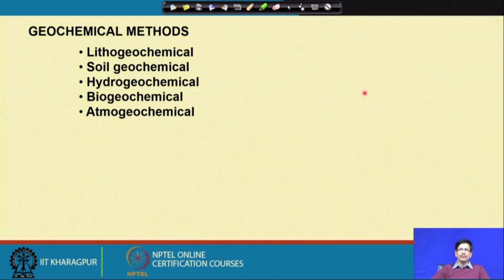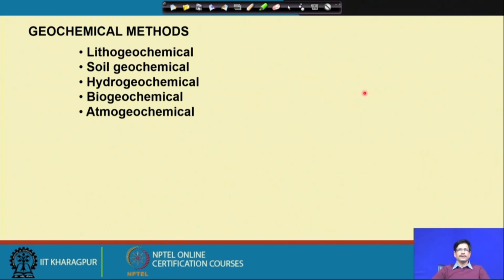Hydrogeochemical, where we use water from different types of water bodies: stagnant surface water, groundwater, or flowing river water, and we analyze the water for the concentration of the metals of our interest. It could be biogeochemical, where plants growing on the soil over mineral deposits can be sampled, taking different parts of the plant and analyzing them to find out whether they represent normal, elevated, or anomalous values.